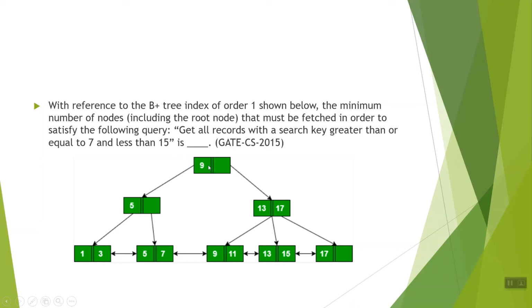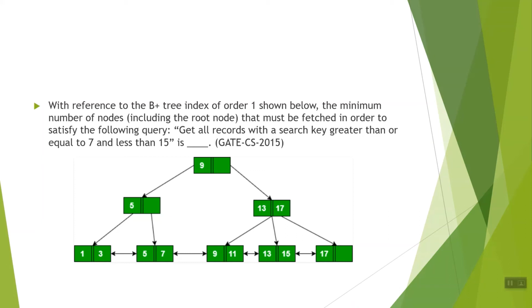Suppose for 7 we compare with 9, it will go leftward. On the left side we compare with 5, it is greater than 5, then we go to the right side. Now it will reach this 5 7 node. Now from this 5 7 node we have to traverse to the right side, because 15 is there, but we cannot traverse again for 15 from the root node.